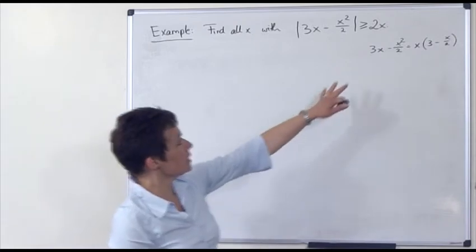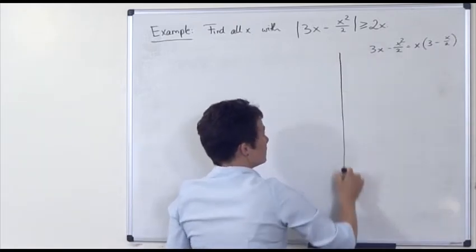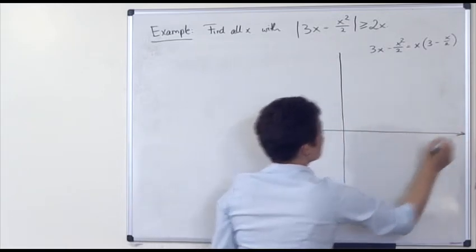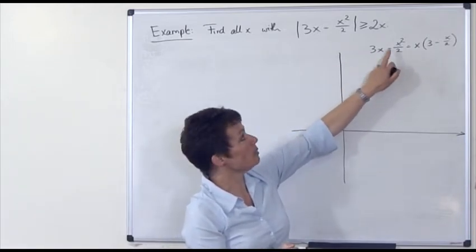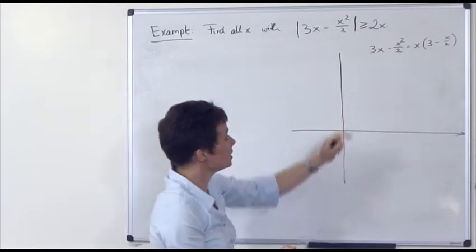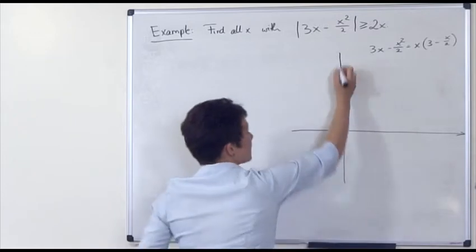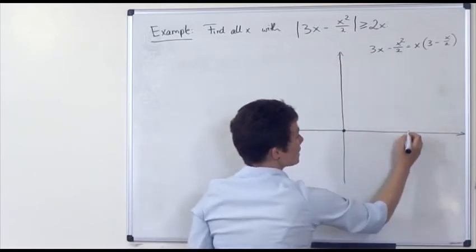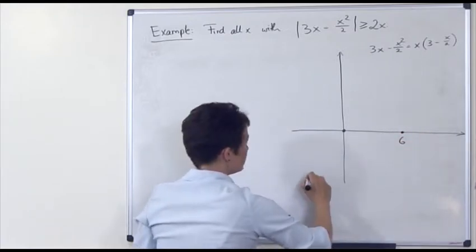If I look at this as a function in x, we see that it is a concave down parabola, right? Because I have the minus sign in front of the x squared, and the places where the parabola crosses the x-axis are at 0 and at x equals 6, somewhere here.